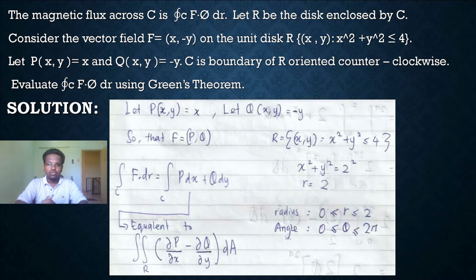According to the solution, we let P equal x and Q equal negative y, so that F is equal to (P, Q). For the radius part, x squared plus y squared is equal to 4, which means the radius is equal to 2. So the limit of the radius is from 0 to 2, and the angle theta is between 0 and 2 pi.